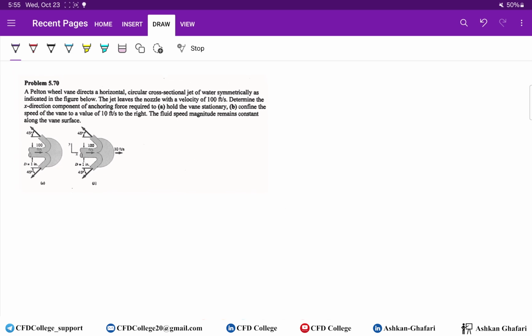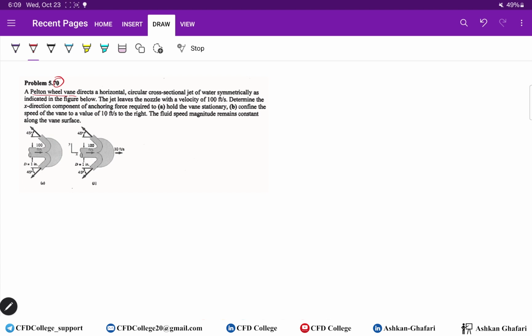And this is the last question. The last problem, number 70. Here we have a Pelton wheel. A Pelton wheel vane directs a horizontal, circular, cross-sectional jet of water symmetrically. So first, we have a 3D Pelton wheel here.